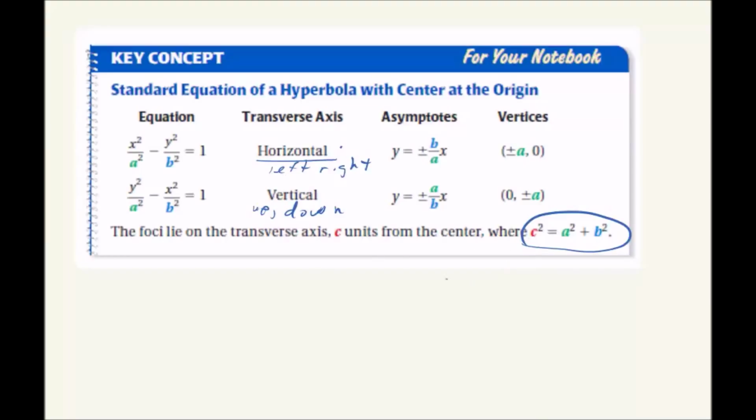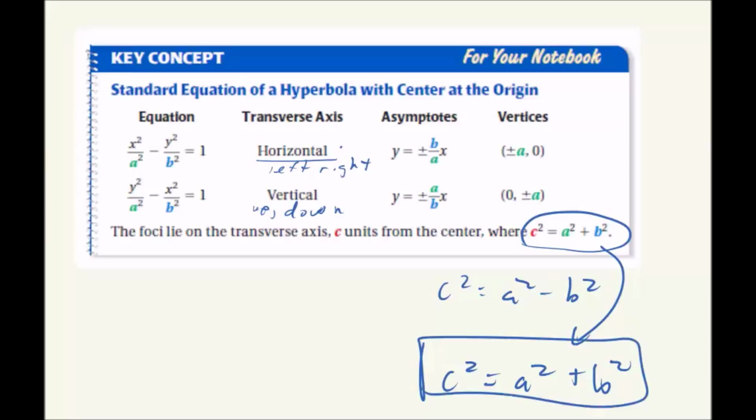For an ellipse, the equation was c squared equals a squared minus b squared. But the foci for a hyperbola is c squared equals a squared plus b squared. It's a very big difference between hyperbola and ellipse, which is something you need to mark.